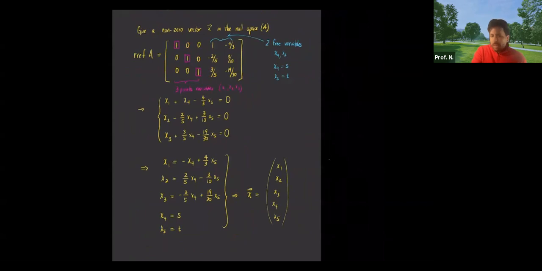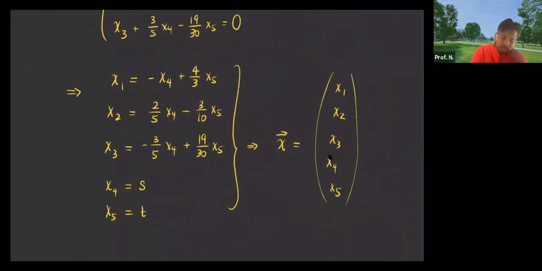That is what I'm looking for. So instead of writing x4 every time, I'm going to write S, and x5, I'm going to call T. Again, this is just renaming the variables, which is not so significant.